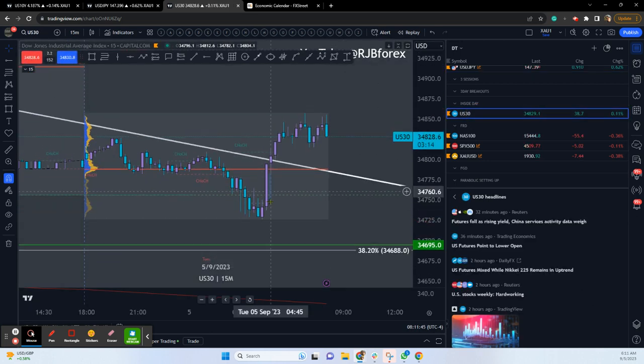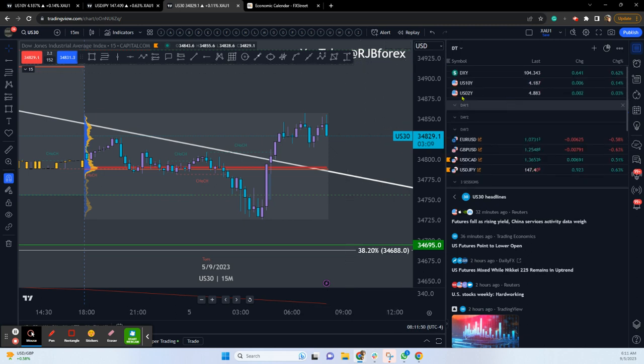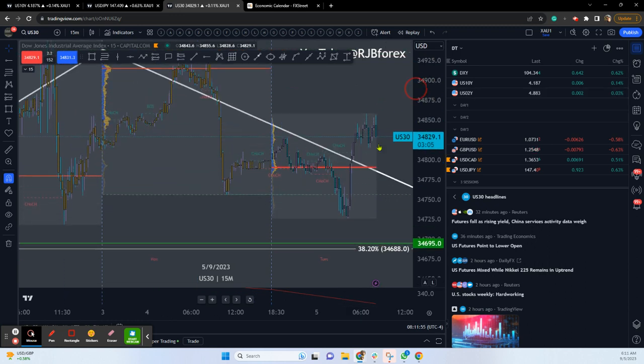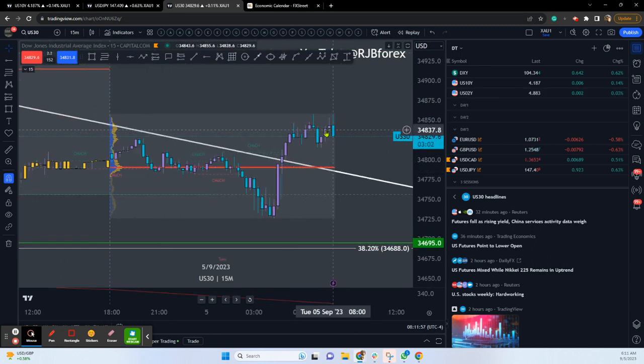Now with the stocks here, however, if we're going to get a weaker dollar, we should see stronger stocks. But these two are high up on the day.